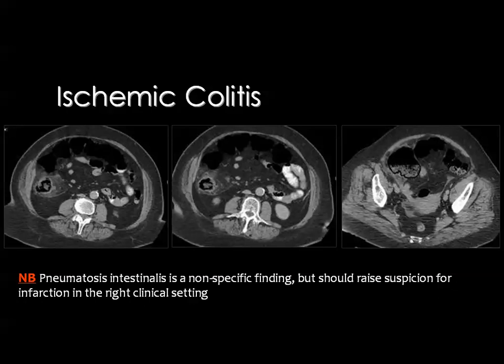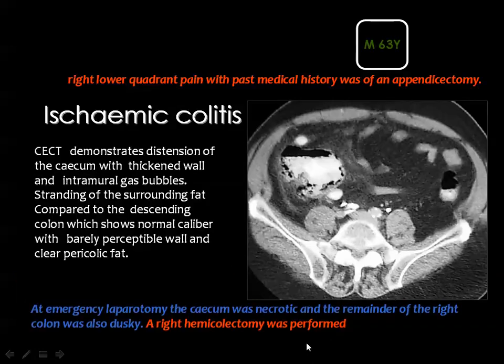But in this condition, the presence of signs of ischemia and vascular compromise should raise the possibility of the gangrenous lesion, which is more hazardous compared to the asymptomatic pneumatosis intestinalis.